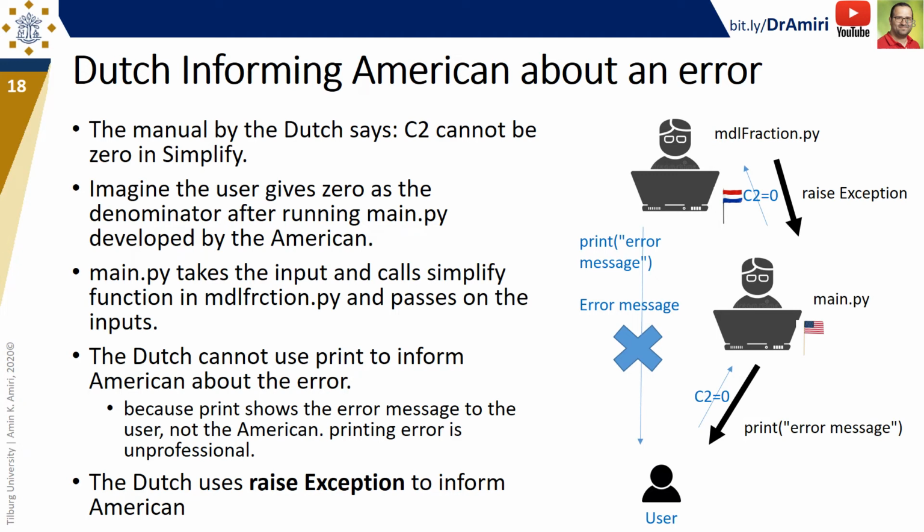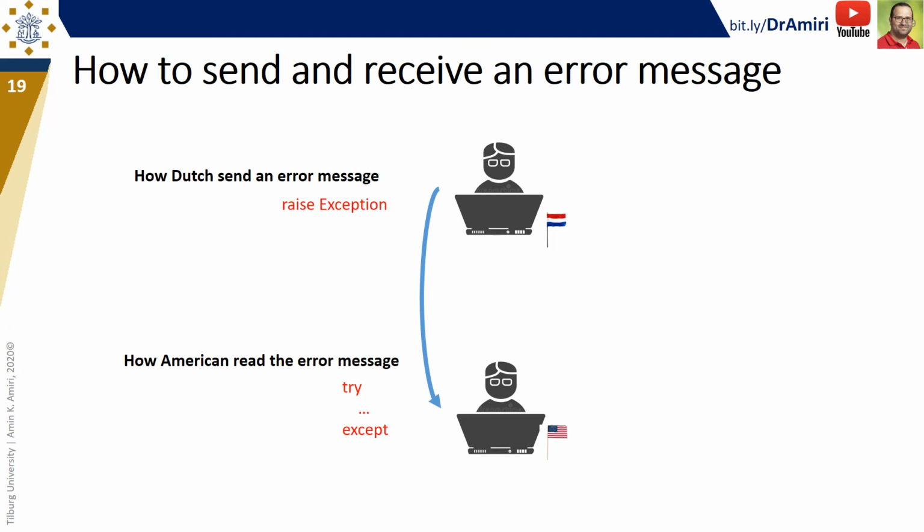He needs to raise exception. So the Dutch programmer has to use raise exception in place of printing. We learned in lecture 3 on errors in Python that the front-end programmer can use try except to handle the exceptions, the runtime errors, so that he can print customized error messages.